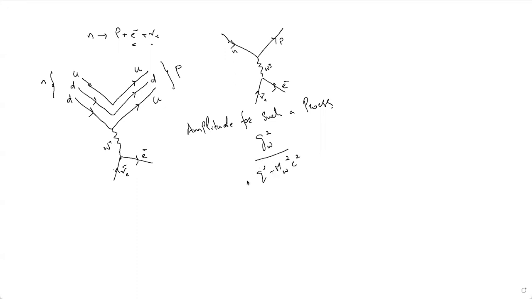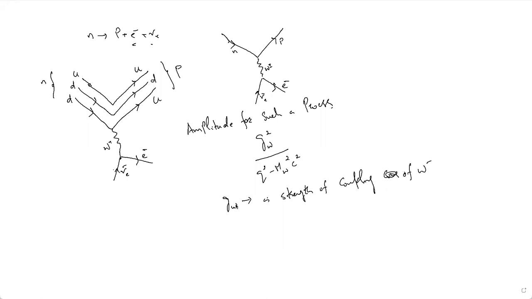Okay, where G_W is the strength of the coupling constant, the coupling of W minus.